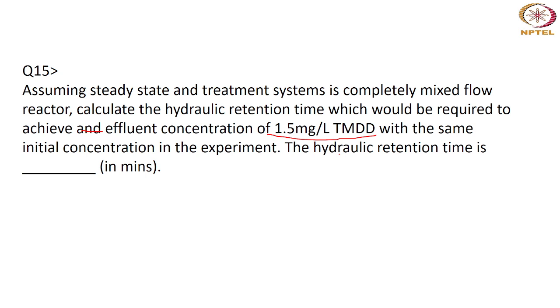Same thing, only the reactor is different. Earlier it was plug flow, now it is a completely mixed flow reactor. So what is the hydraulic retention time required? Let's try to do it quickly. You only need to change one equation. That's it, the rest will be the same.